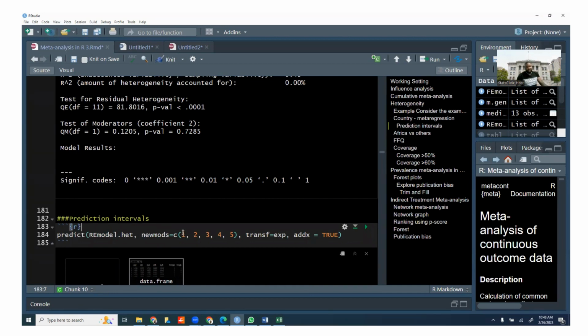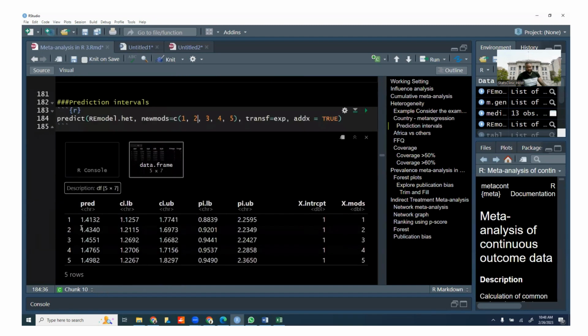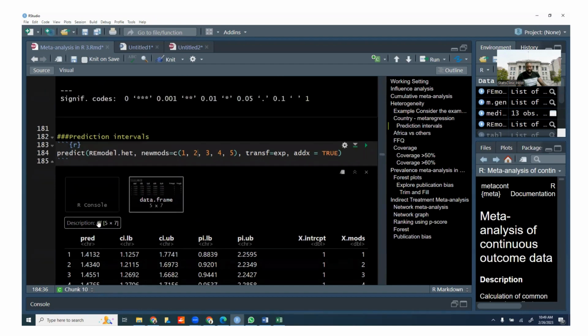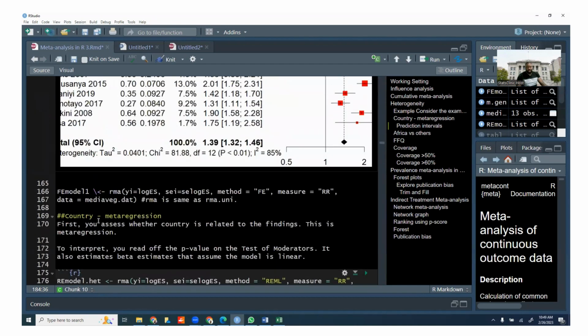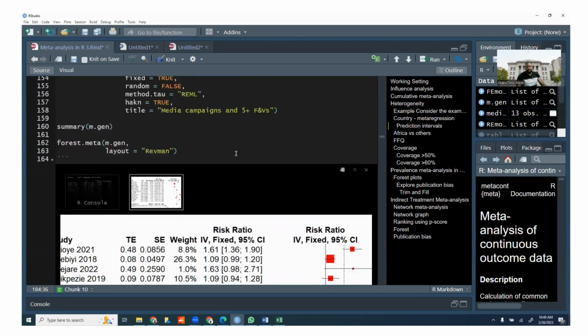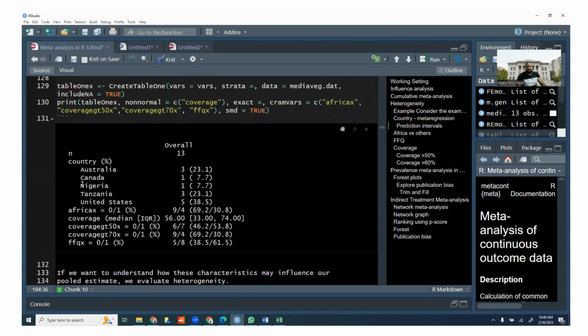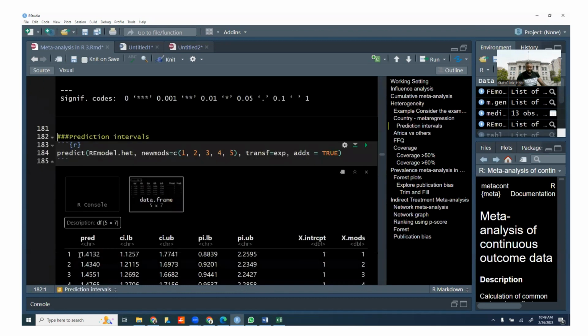But the key thing is that you will have to remember which country is 1, which country is 2, 3, 4, 5. So if you run it, we will see that this prediction for 1 means that in Australia, because Australia was the first one if you go back to this table, and Canada is the second. Here, this is the relative risk in Australia.